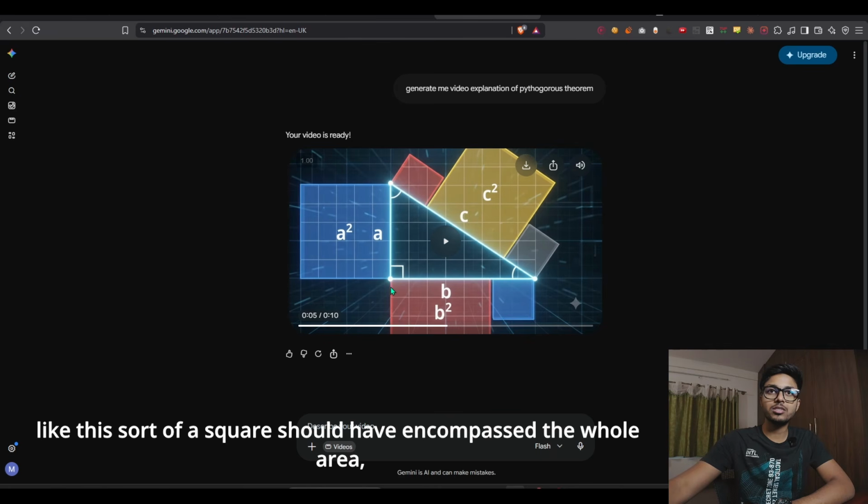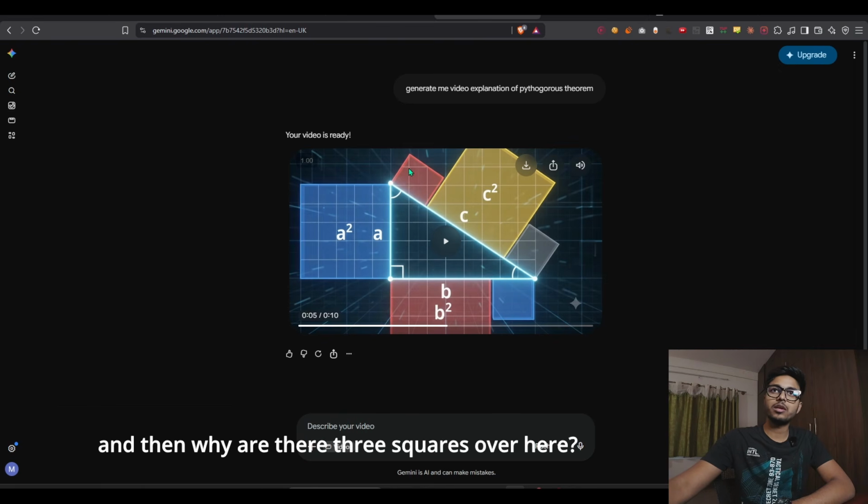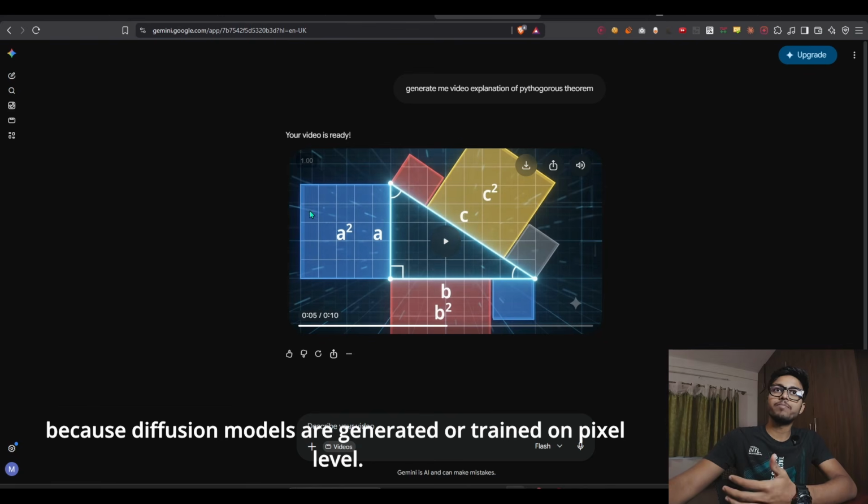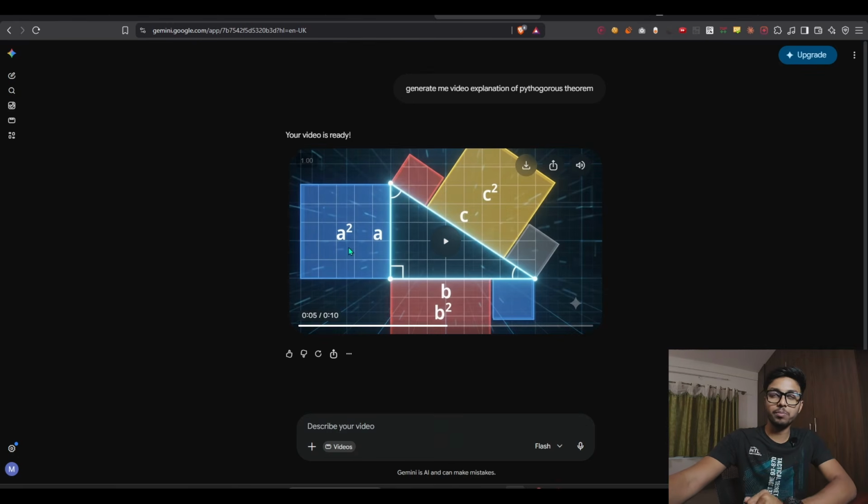This sort of square should have encompassed the whole area, and why are there 3 squares over here? So this is one of those places where diffusion models really suck, because diffusion models are generated or trained on pixel level.